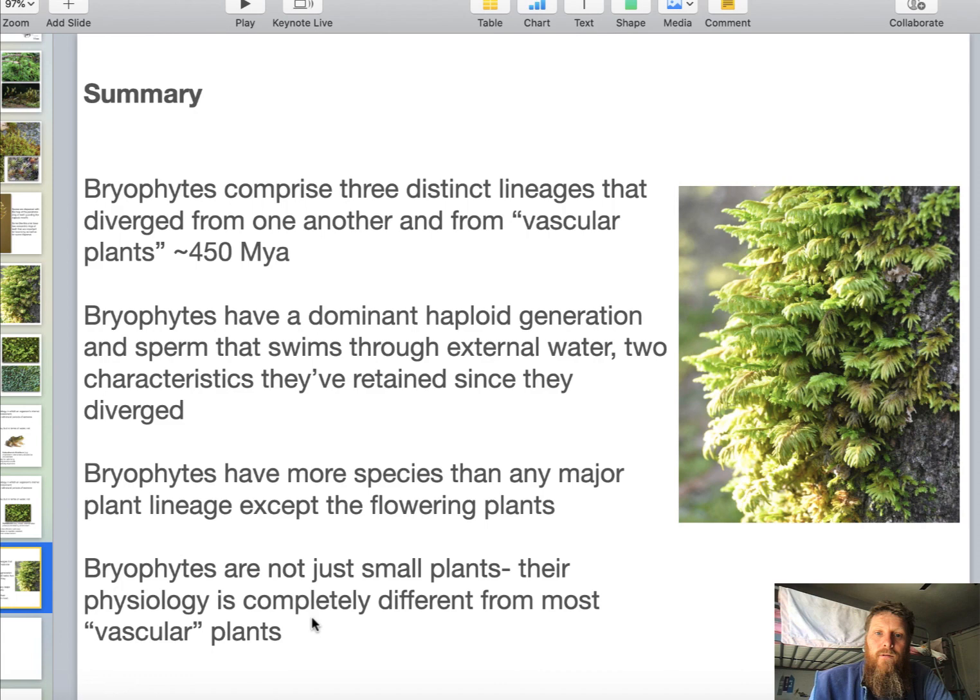Again, like I just mentioned, they're still popping off new species all over the place, and dealing with a changing world in very different ways from the ways that vascular plants are dealing with it. And that leads to the final point here, which is that bryophytes are not just small plants. Their physiology is really, really different from vascular plants.